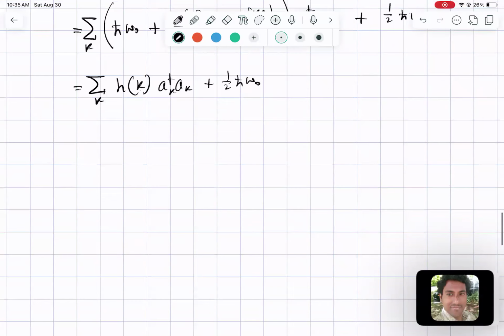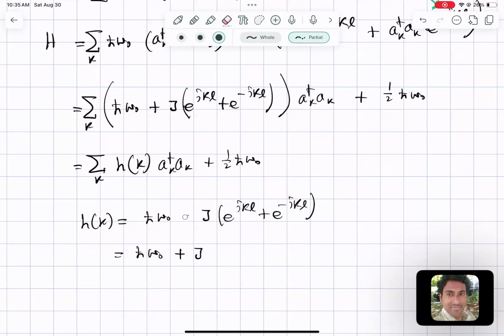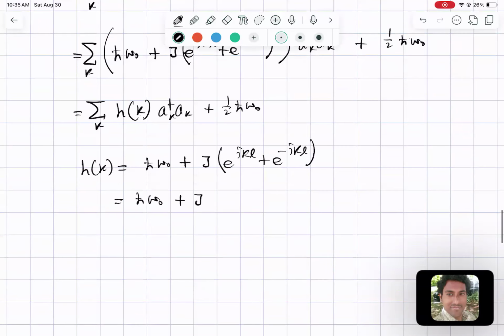Okay, and h of K here is nothing but h bar omega naught plus J, and e to the power i K L plus e to the power minus i K L. And next line, h bar omega naught plus J, and e to the power i K L and minus i K L. Anyone knows what this formula is?